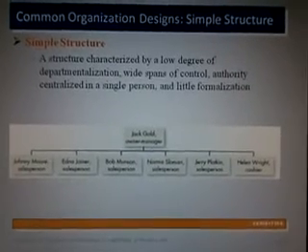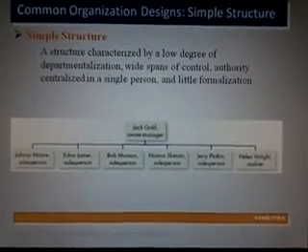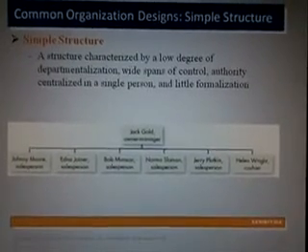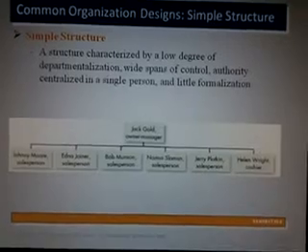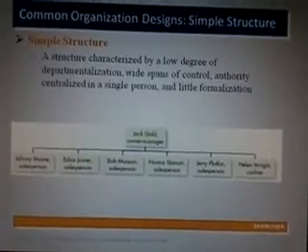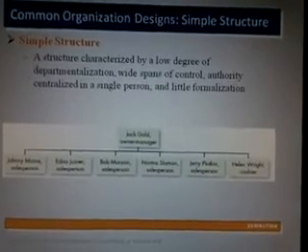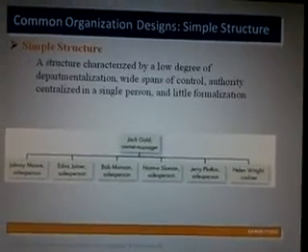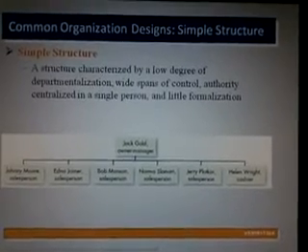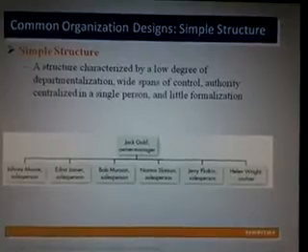These people all have a lot of freedom to do what they need to do in their job. And it's because Jack Gold, the owner-manager there, can't direct all of them all the time. So he can't micromanage. He's got too many people to supervise. And so these people have a lot of discretion. You want a simple structure like this when you need that discretion, when you need your people to be creative or to handle things themselves.